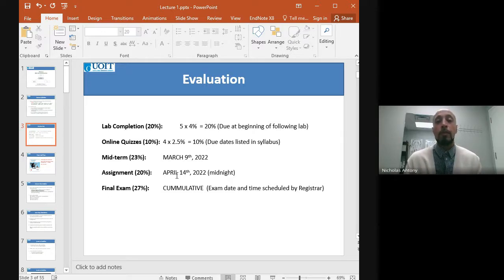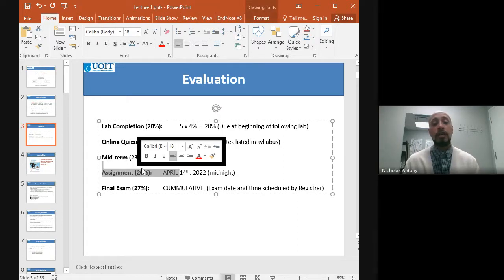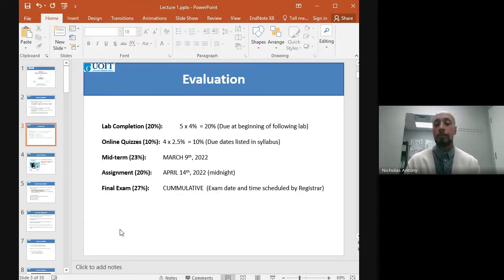You're going to apply the knowledge base of the different lectures into a small assignment, and that assignment will be worth 20%, with the rubric and everything outlined and visible right now. And then the final exam, I'm not sure of the date yet, but it will be virtual as well, and it will be worth 27%.